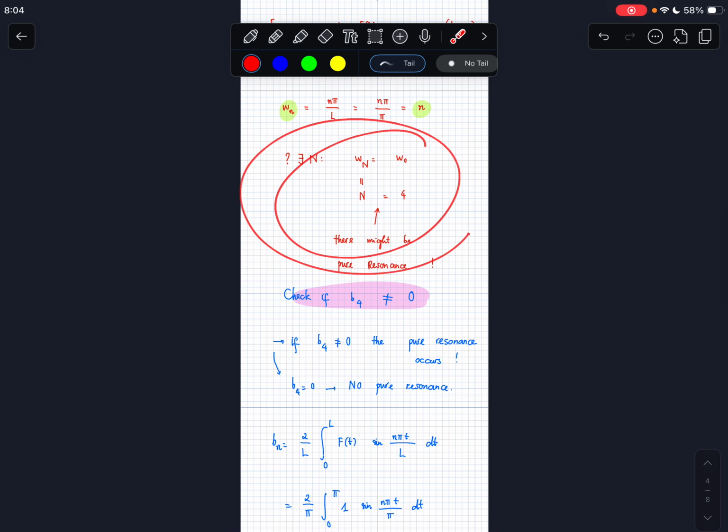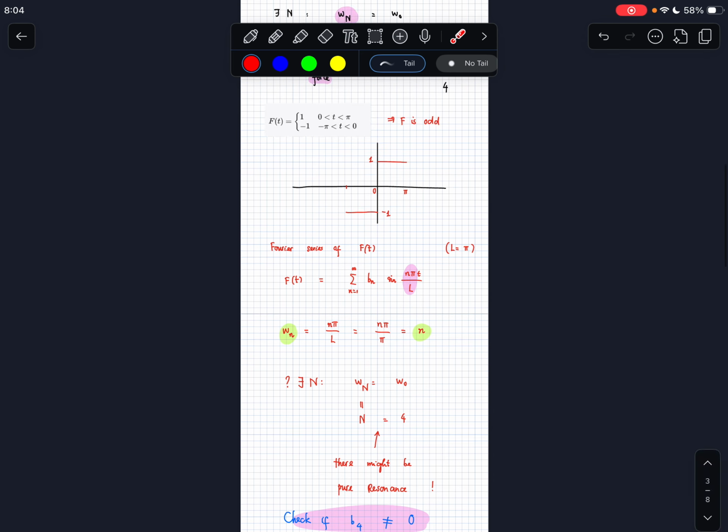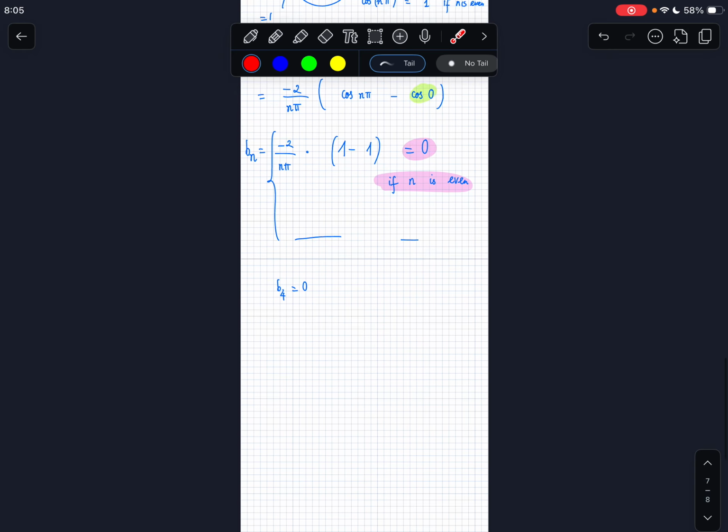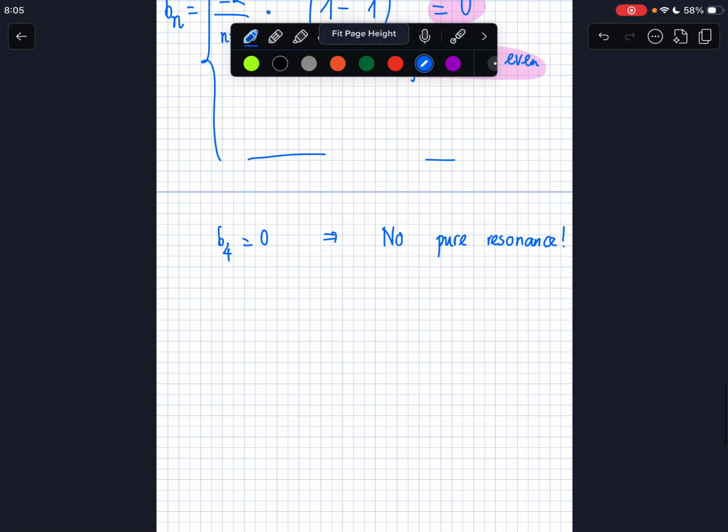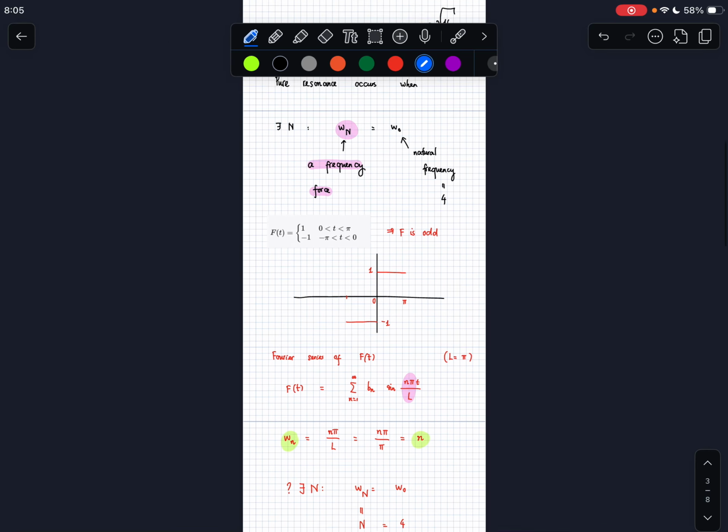We don't have such an n from the forcing so that omega_n equal to 0, because the coefficient of that wave does not appear at all in the forcing. So in this case, we conclude that there is no pure resonance. So that is the first case, the square wave.